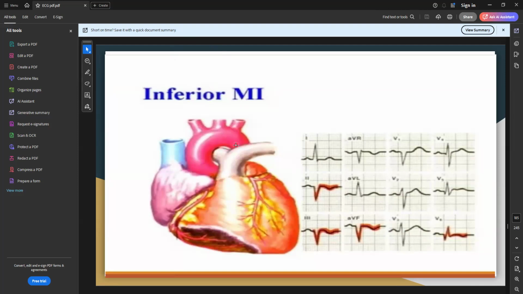This is the inferior wall MI showing the reciprocal depression in AVL and ST elevation in lead 2, lead 3, AVF and V5 and V6. Here you can see the ST elevation, whereas there is ST depression in lead 1 and AVL. Here you can see the ST depression. Here it is almost normal.